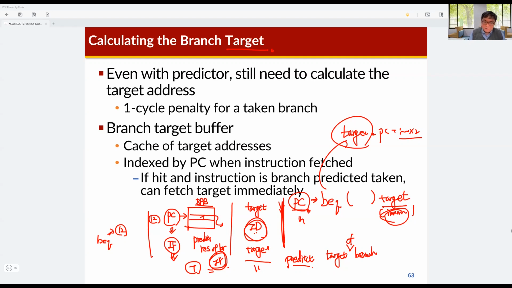What does that mean? If we just store the target of the branch instruction, then we can reuse this target. We can store the target of the branch like the branch prediction buffer, indexed by the PC of the branch. Then the target is stored in the branch target buffer.